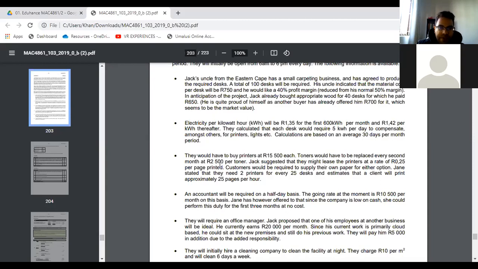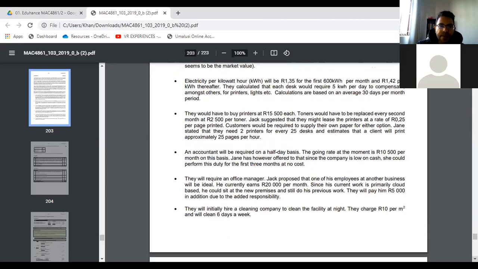Okay, the next point over here is the following. They would have to buy printers at 15,500 Rand each. Toners would have to be replaced every second month at 2,500 Rand per toner. Jack suggested that they might lease the printers at a rate of 25 cents per page printed.